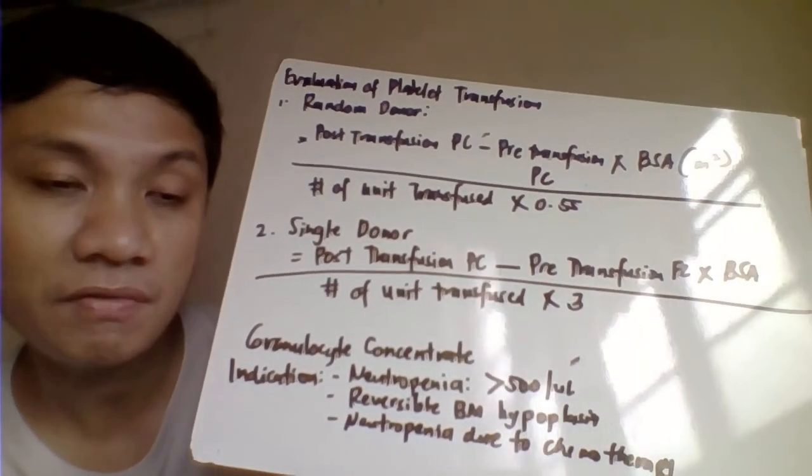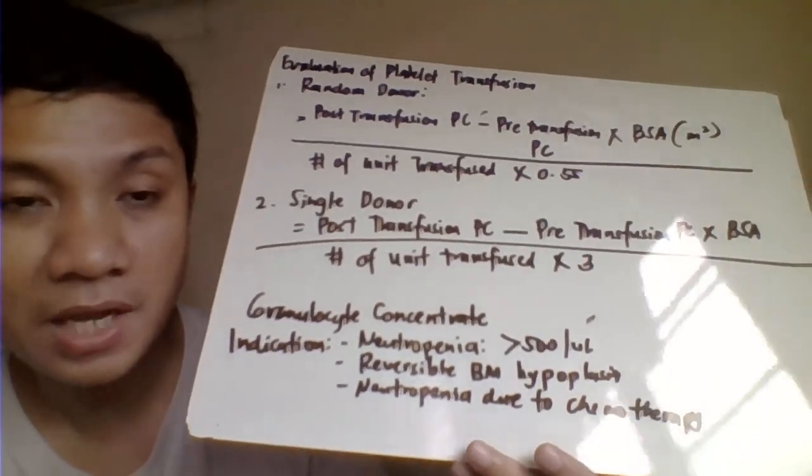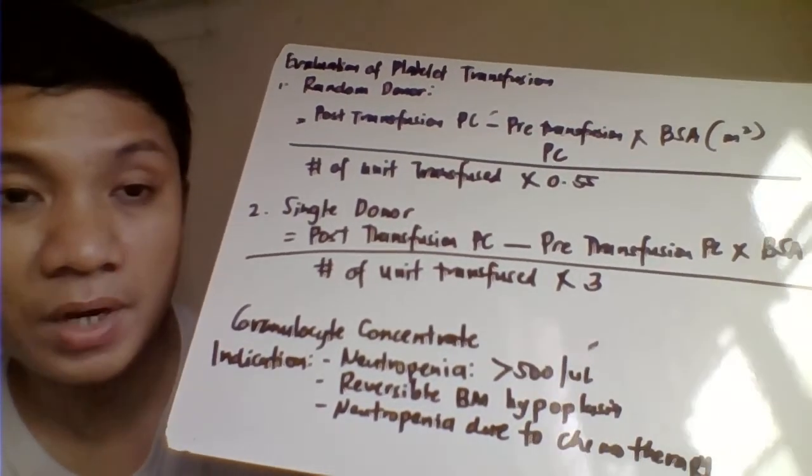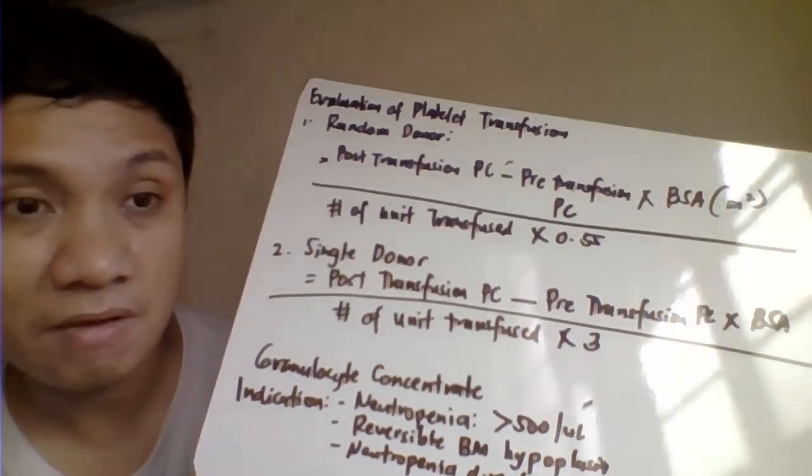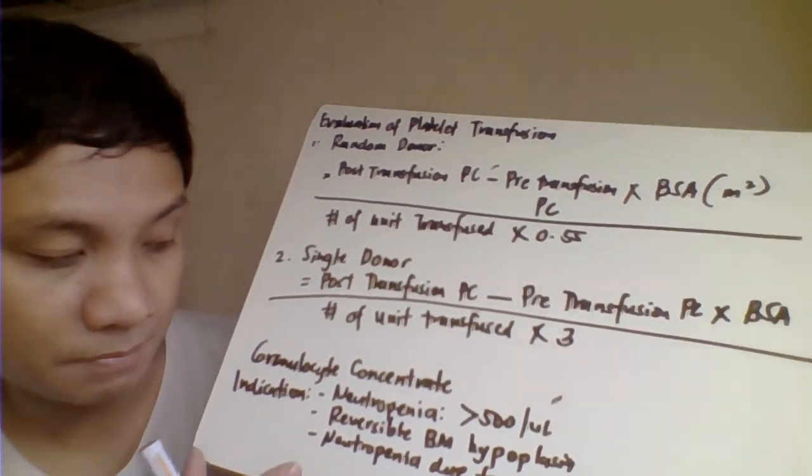So once the neutrophil count is low, the body has no protection against microorganisms, and therefore you need to give your granulocyte concentrate.